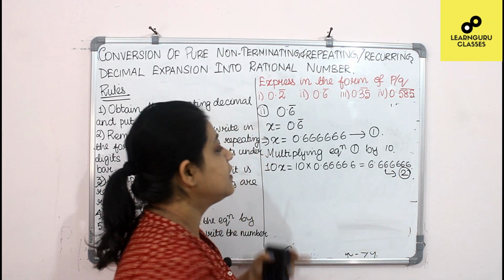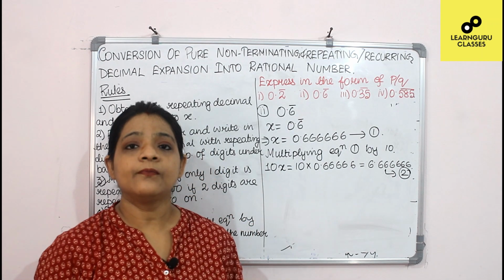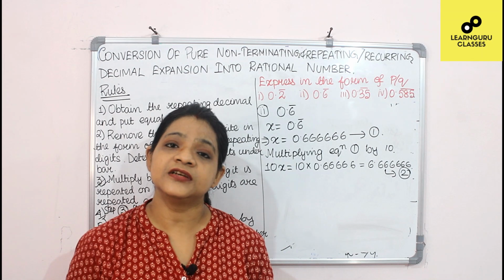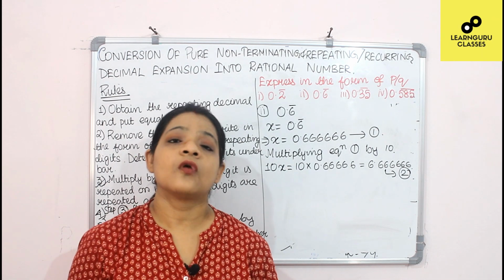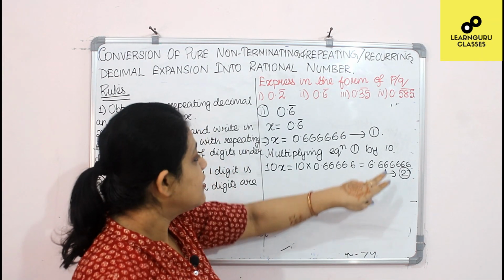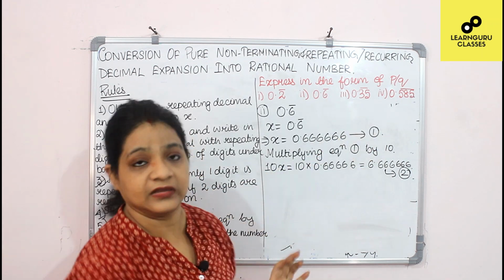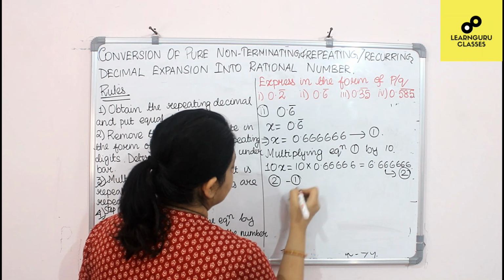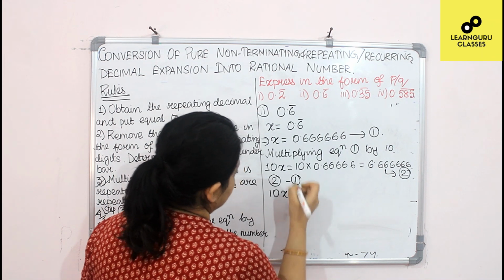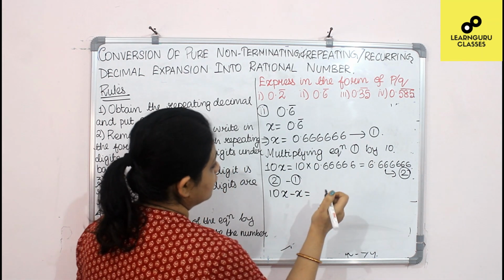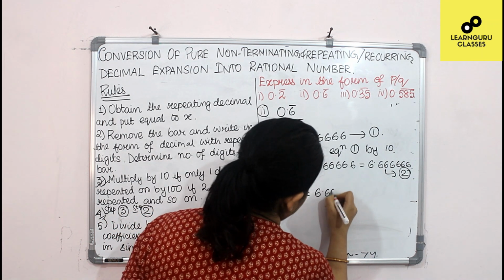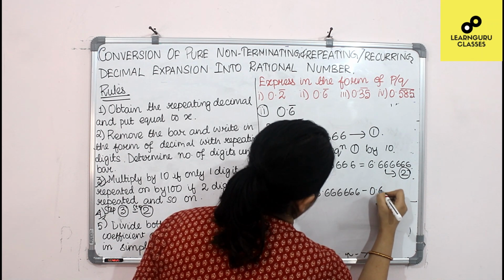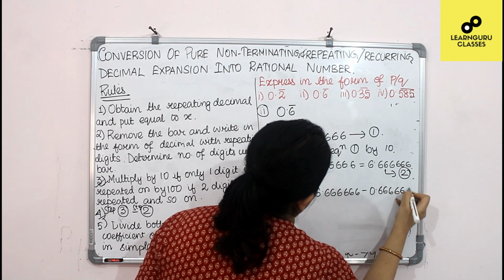Now I have told you in the previous sum that your main motive is to get rid of the digits after the decimal. So how can this be accomplished? If I subtract this from this. Okay, so equation 2 minus 1: 10x minus x equal to 6.666666 minus 0.666666.